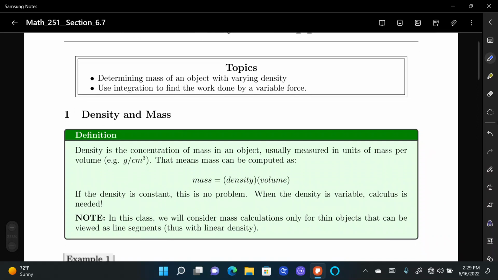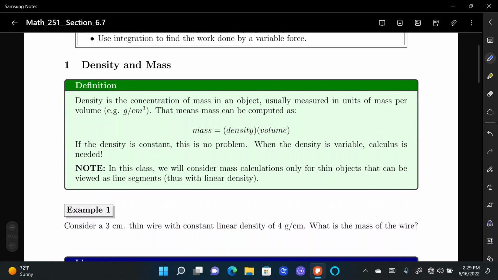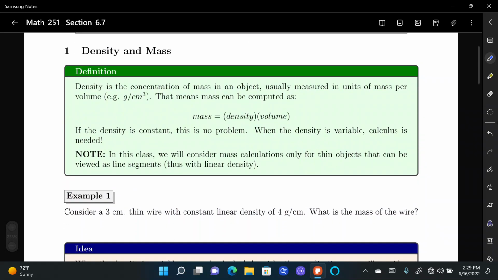So let's look at other physical applications for the integral, and let's relate density and mass. For those of you who have taken chemistry classes, you know what density is. It's defined as mass over volume, right? And that changes depending on the material, depending on the element from the periodic table or the compound.